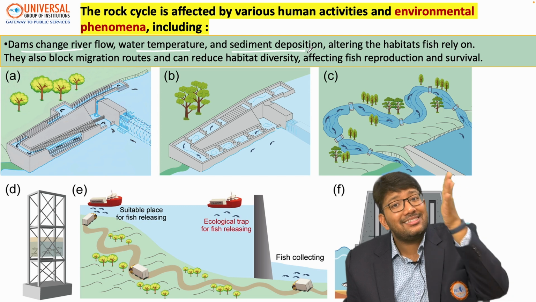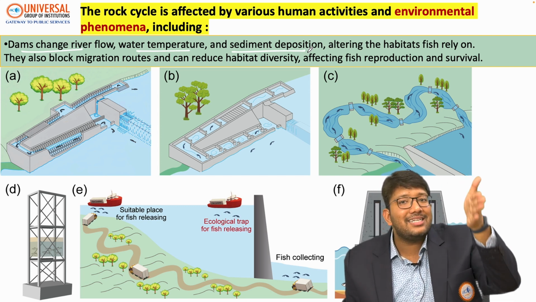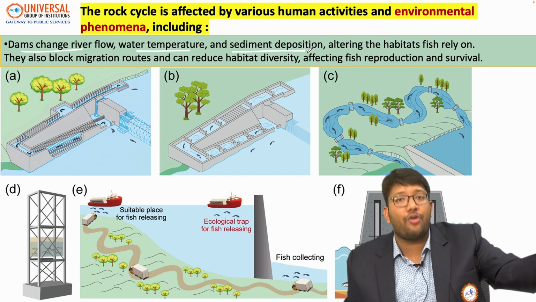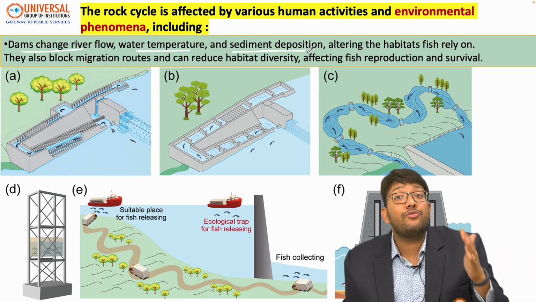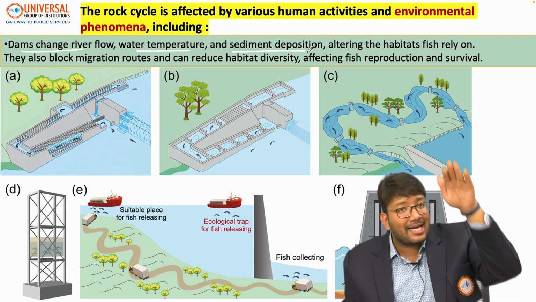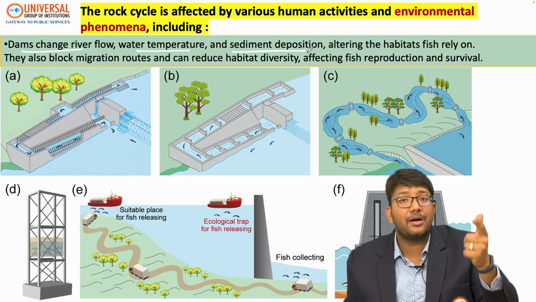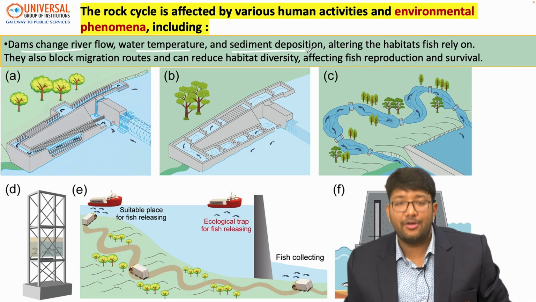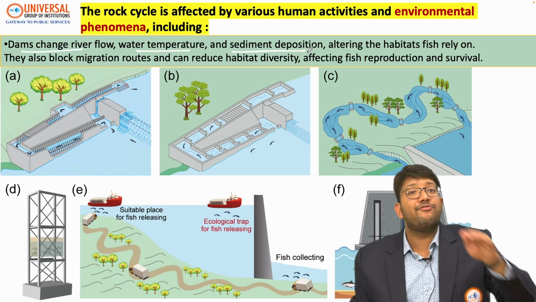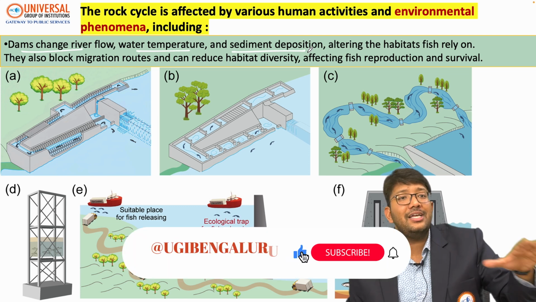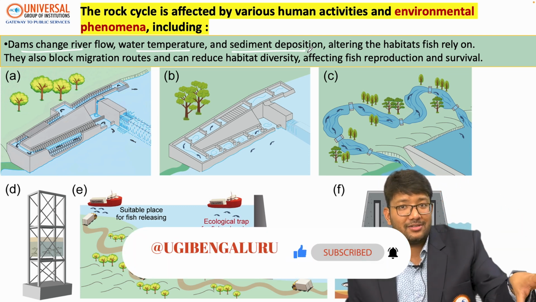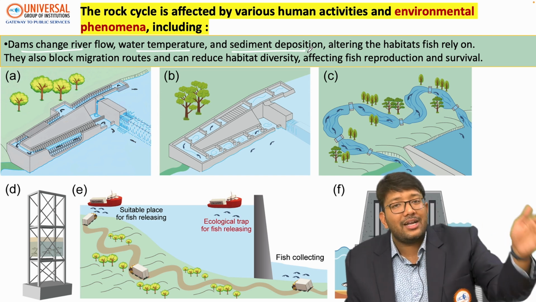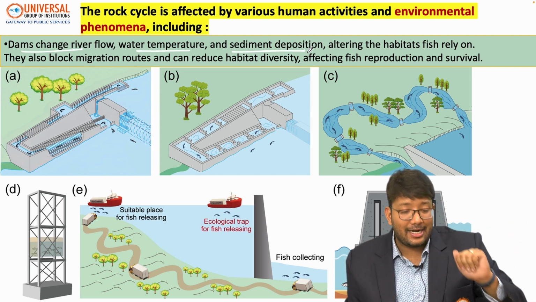It will change the temperature also, because water is getting stabilized, it's not moving water. If you put water in direct sunlight to stabilize, it will become very warm after some time. Also, if water keeps flowing, don't you think sediments will have less time to deposit? Because water is constantly flowing, remember that.